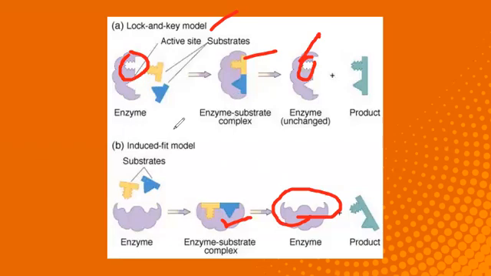Both of these models require the presence of the substrate and the enzyme. As for the differences, as I mentioned earlier, in our induced fit model the appearance of the enzyme is now different, so there are changes. While in lock and key, there are no changes in the appearance of its enzyme.